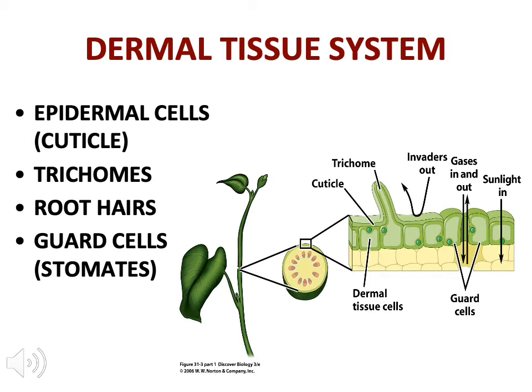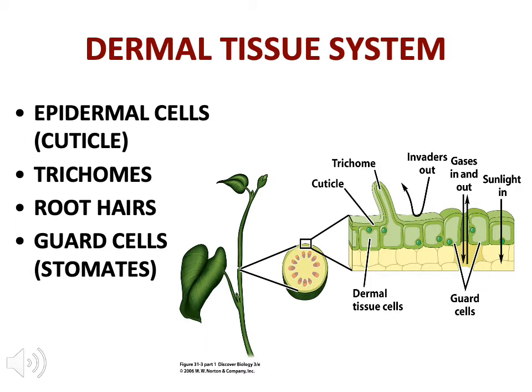And the guard cells actually define openings, and those openings are called stomates. Stomates are like little windows, and they allow oxygen in, carbon dioxide in, oxygen out, carbon dioxide out. And the other thing is a stomate can be an opening through which water vapor might be lost from the plant as well.